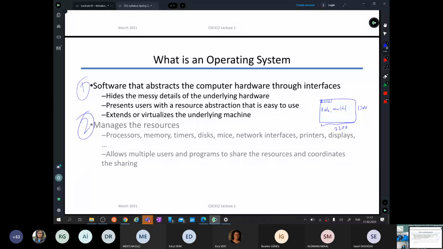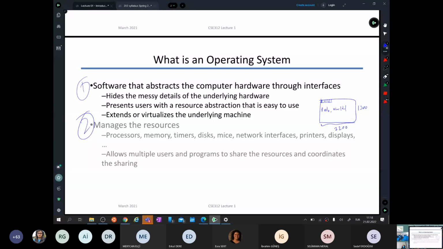All of these simplifications, despite the different types of hardware, make it easy for me as a programmer to write my program. All I do is include the IO headers and use the printf function. So they present me a resource abstraction that is easy to use.